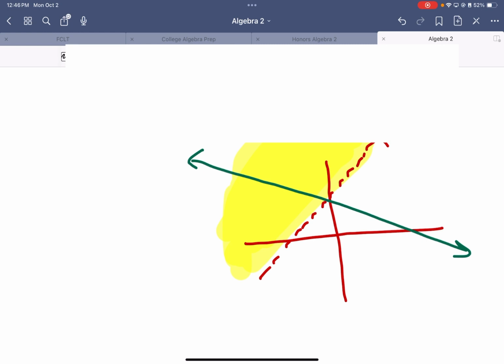Yesterday, or last week when we were looking at these, we were just looking at the point of intersection and said that was our solution. Well, when we're talking about systems of inequalities, we're talking about a region that's being shaded a couple different times. So let's say that all the solutions for that inequality are down there below it.